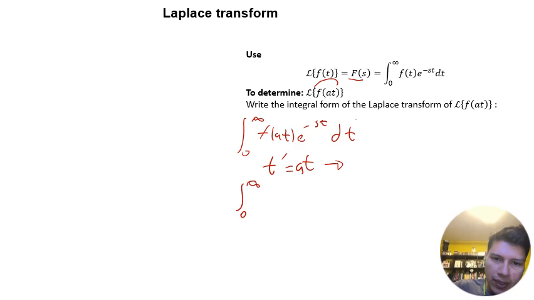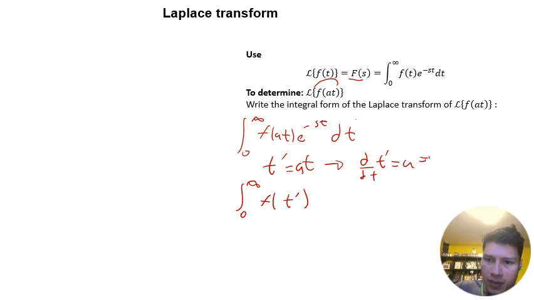the integral from 0 to infinity of f of t prime, and then dt prime over dt is equal to a, which means that dt is equal to dt prime over a, so 1 over a, e to the negative s t prime over a.